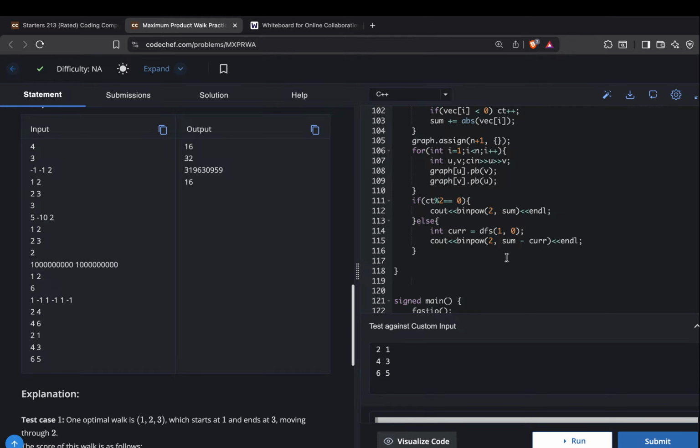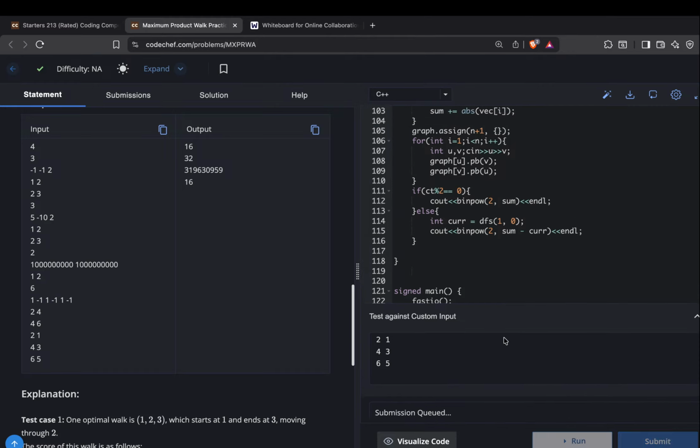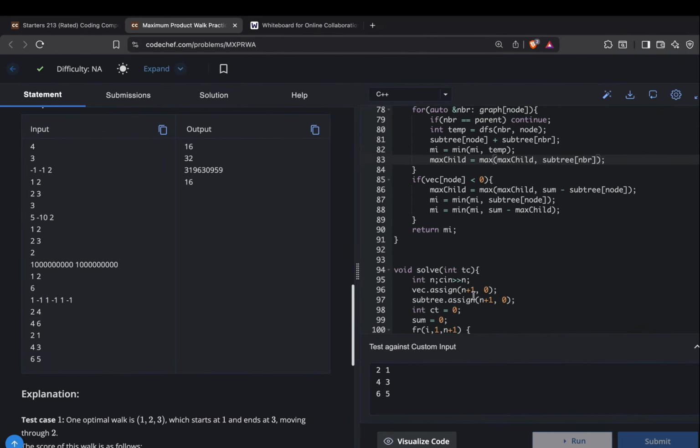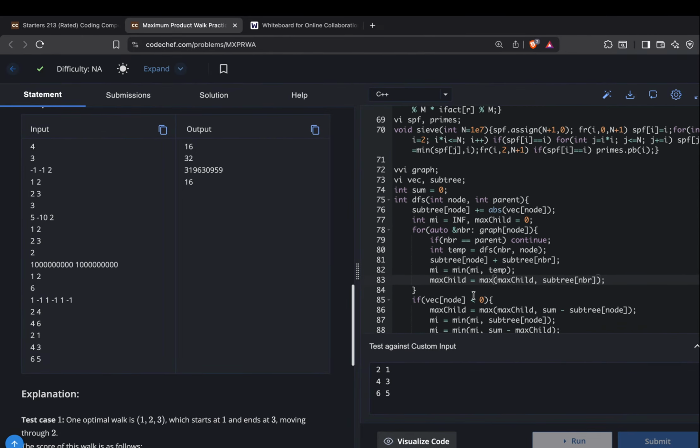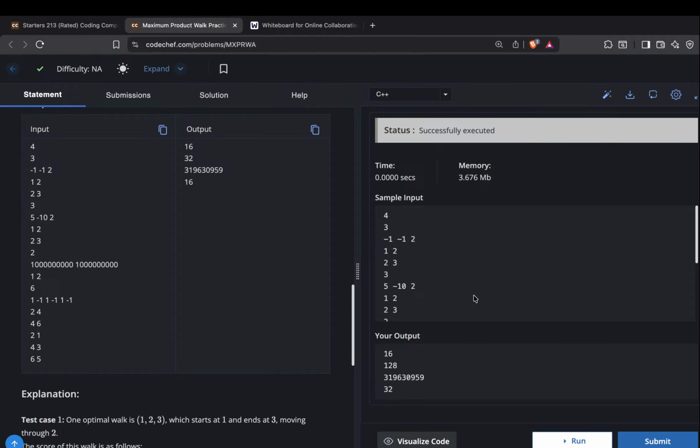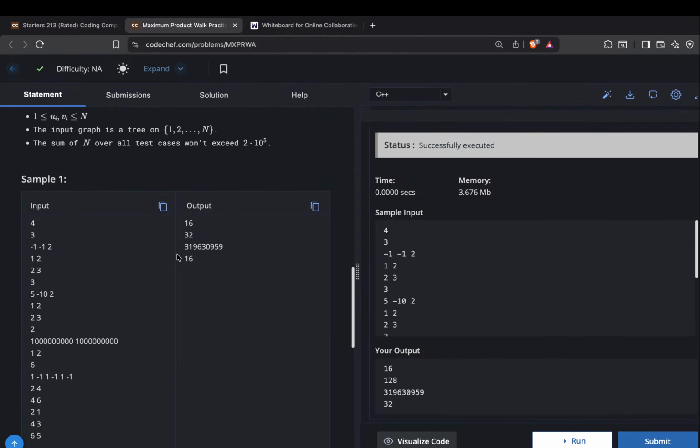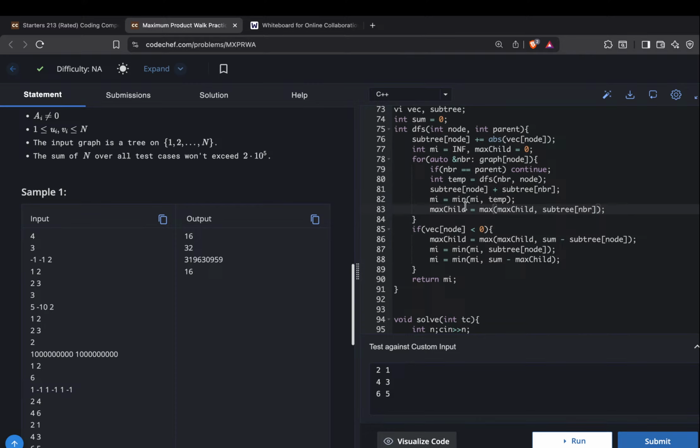Okay, seems fine, but the output is wrong, so there is an edge case somewhere, I guess. Let's go through the code again.